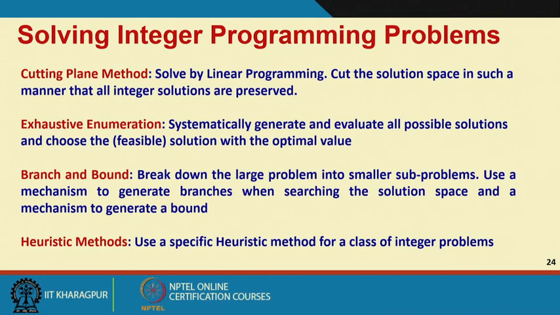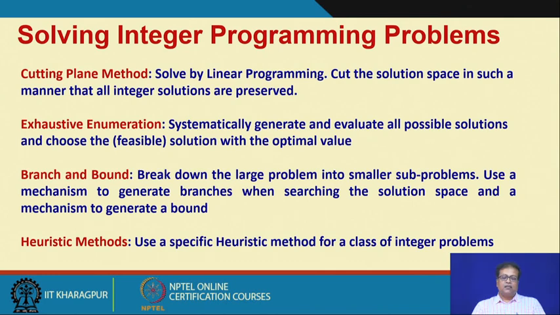First of all, you have to generate them, identify the solutions by some method, and finally see which one is the best out of all possible solutions. For a small problem, yes, exhaustive enumeration is a viable technique, but for large problems definitely not. So, the use of exhaustive enumeration as a method is highly limited. We shall not spend too much time on it.